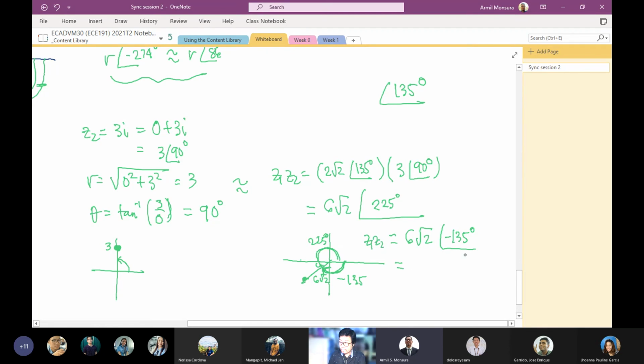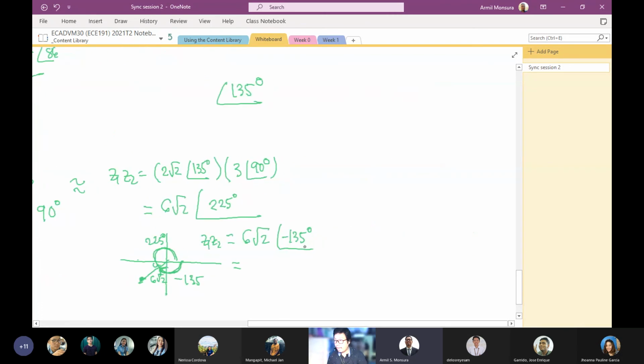Then if there is a need for you to convert this back to rectangular form, you can simply write this as 6 square root of 2 cosine of negative 135 degrees plus i sine negative 135 degrees.